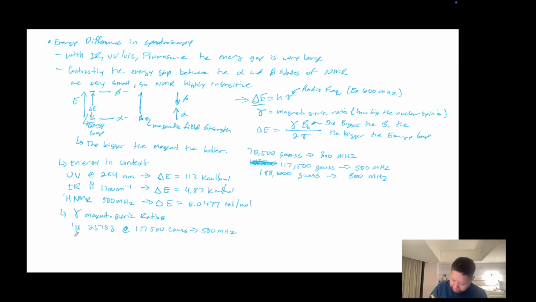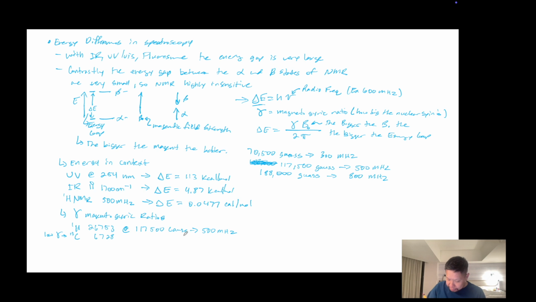And so for carbon 13, we actually consider this a low gamma, right? I'll just put this right here, just to remind you, this is a low gamma. Proton is a high gamma nucleus, but carbon 13 is a low gamma nucleus because its magnetogyric ratio is only 6728.